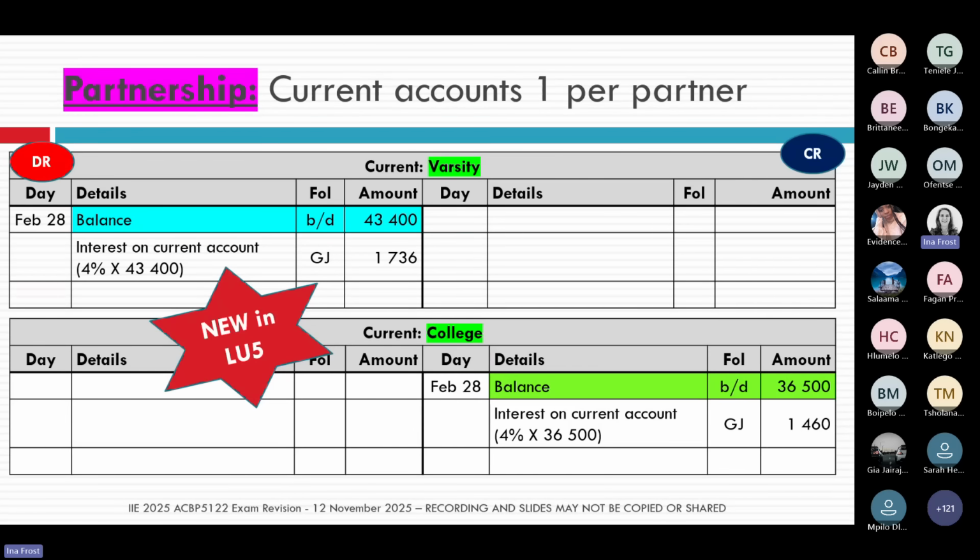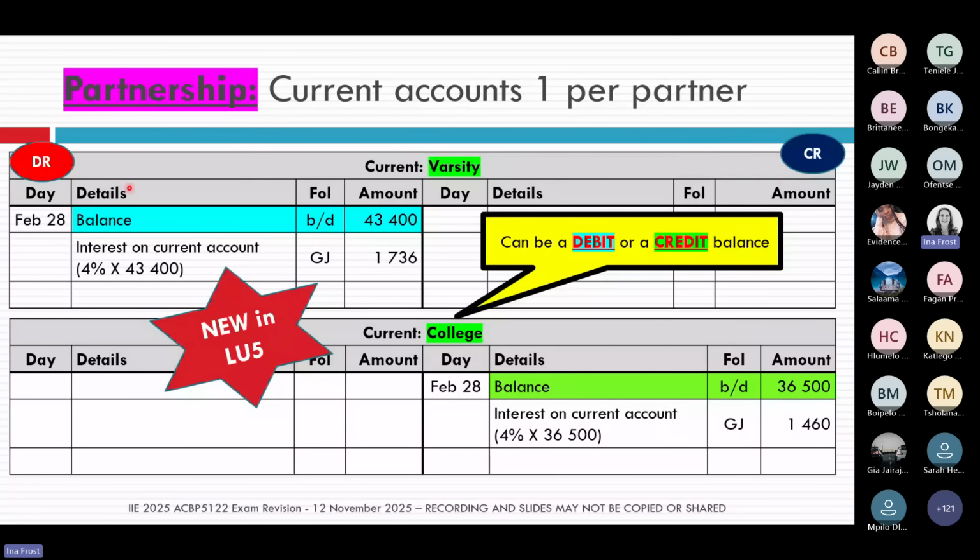The next important thing we have to note about a current account is that it can have a debit balance or it can have a credit balance. So when it comes to the balance of the current account, you will have to look carefully at the information we give you in the question and at the little trial balance we give you, and make sure: does this current account have a debit balance or a credit balance?